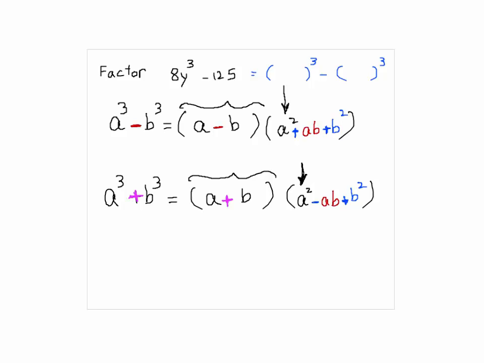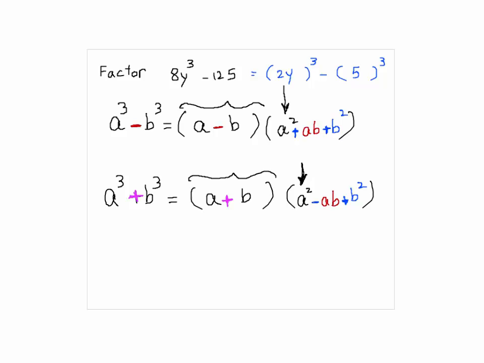Okay, Eric just typed 2y. That's correct. What would be your b then? What multiplied by itself 3 times gives you 125? 5. Okay. So yes, we do have a difference of cubes.